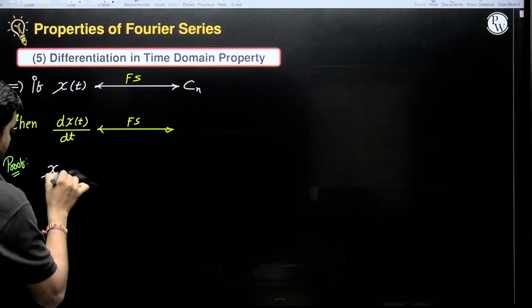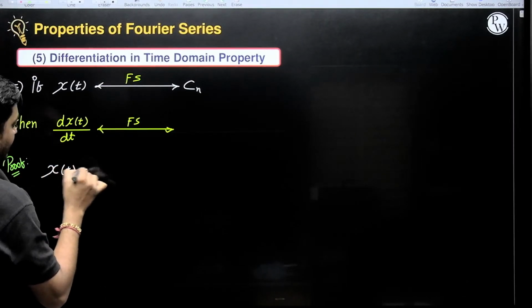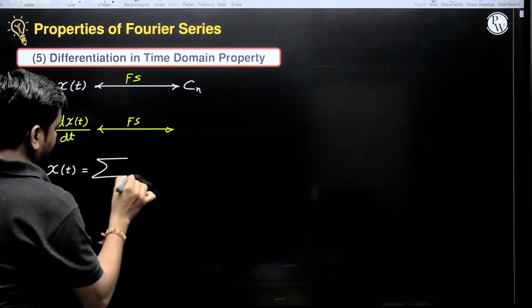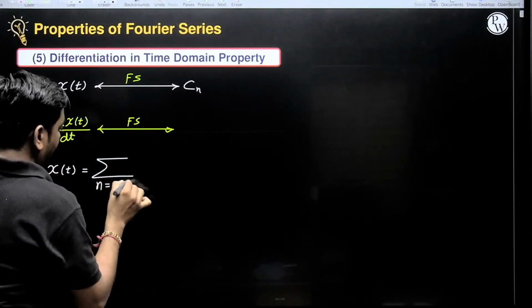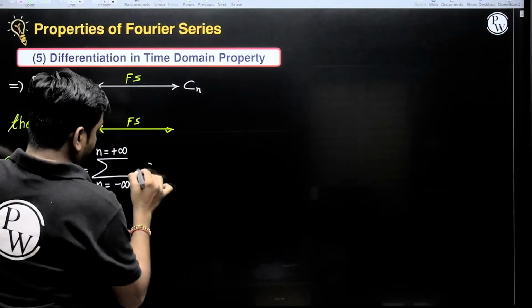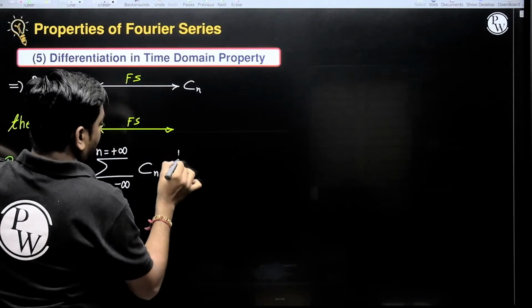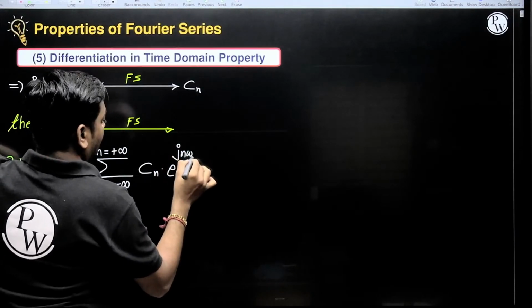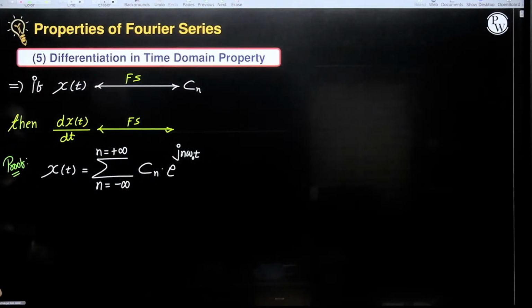So again x of t is given by summation n from minus infinity to plus infinity Cn e to the power j n omega 0 t, correct?